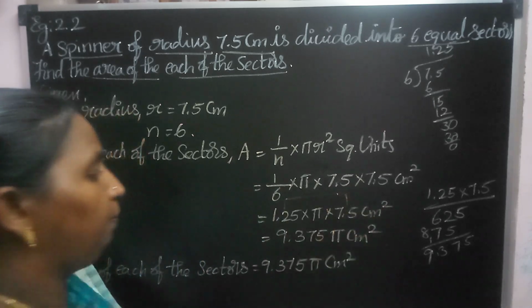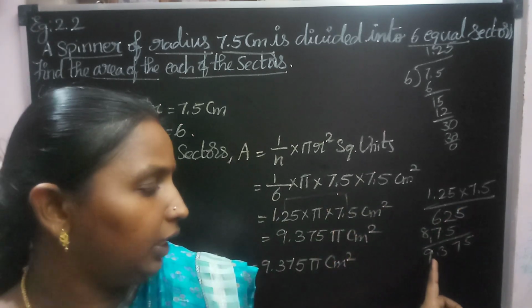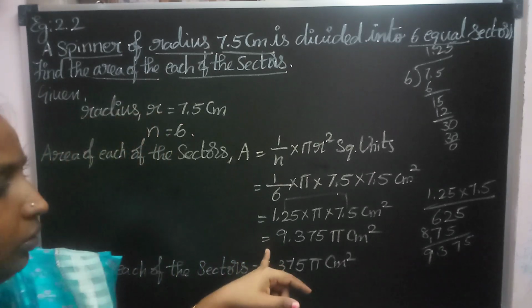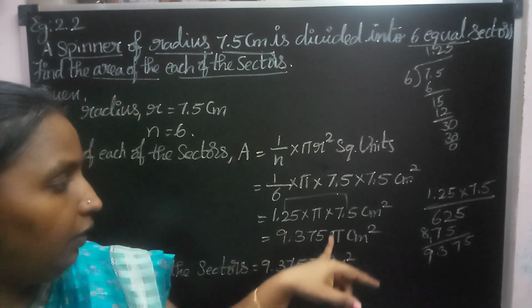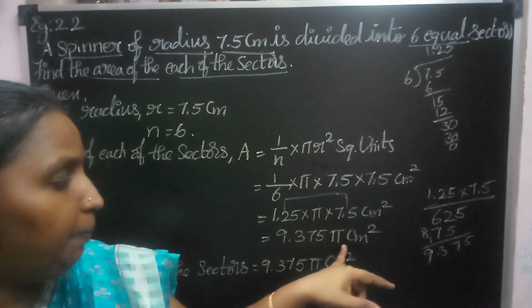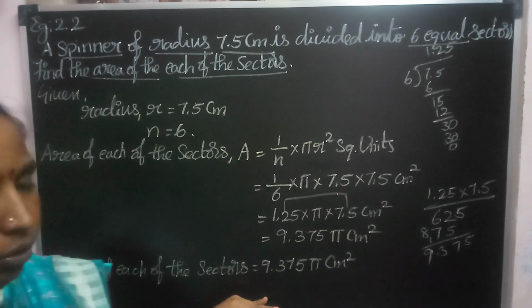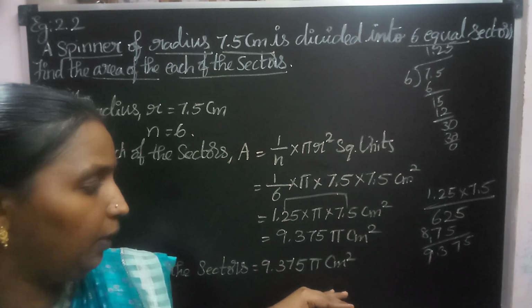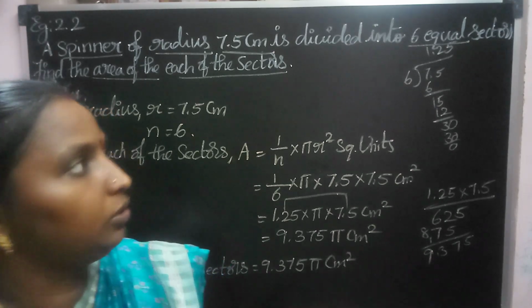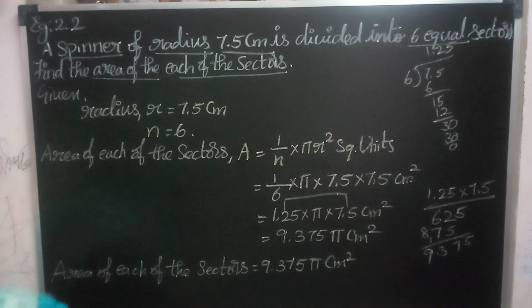Multiply these two, 1.25 into 7.5, you will get 9.375. Here the pi is there, right? Pi centimeter square. So area of each of the sectors is equal to 9.375 pi centimeter square. So do you understand this?